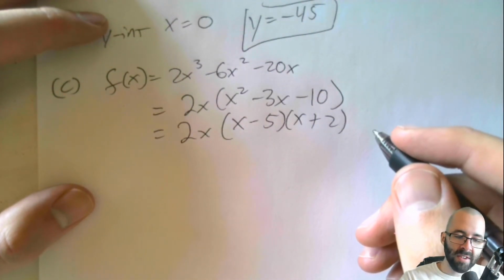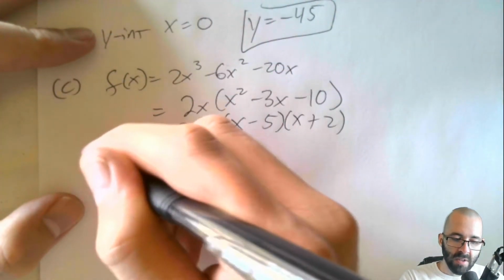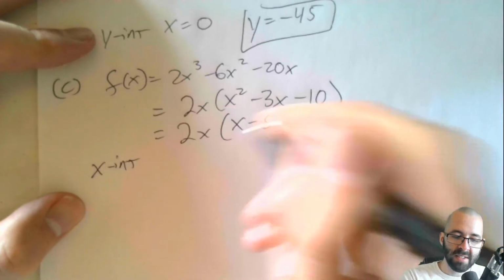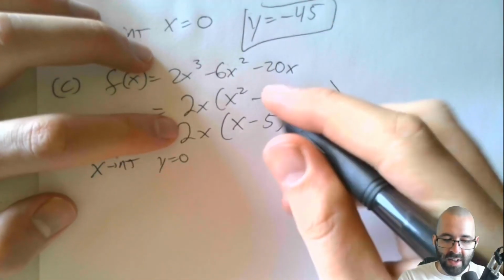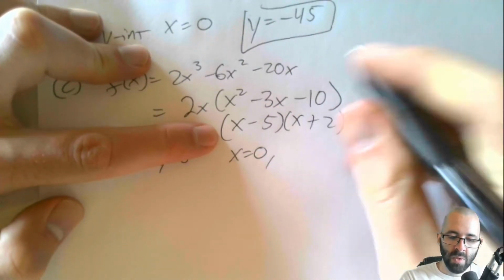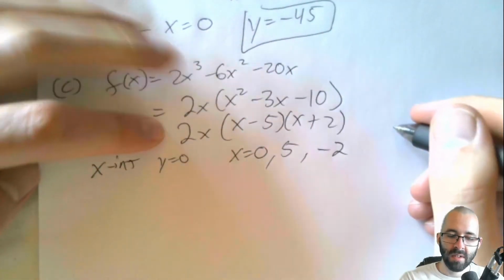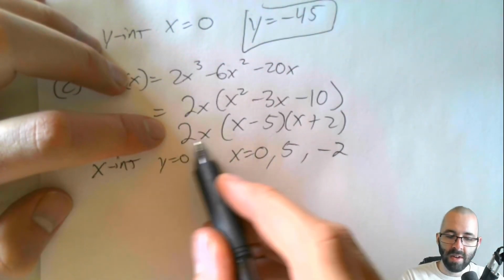This has 3 factors, which means it's probably going to have 3 intercepts. So for the x-intercept, that's when y is equal to 0. That's going to be when x equals 0, when x is equal to 5, and when x is equal to negative 2. Don't forget the 0, right?